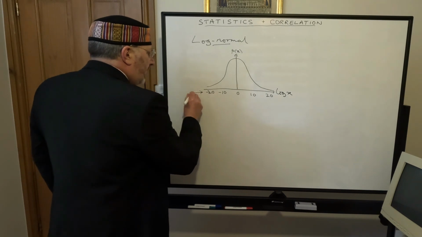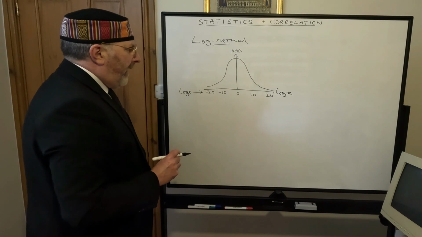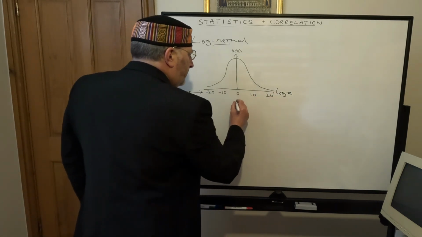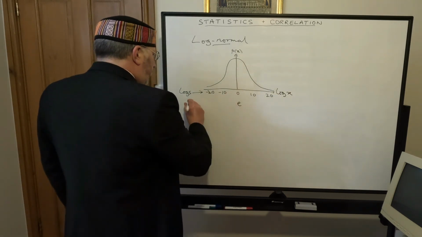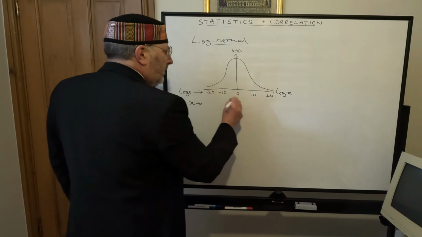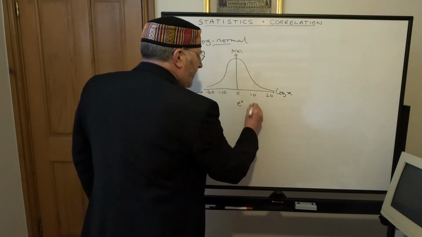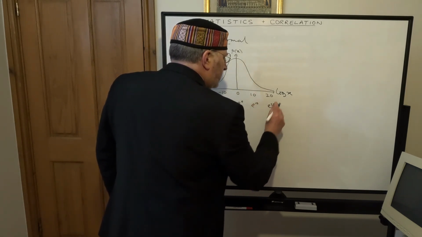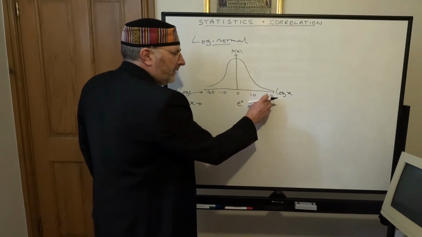So these values are logs, and the actual value then will be the inverse of the log. So x will be e to the 0, e to the power of 10, e to the power of 20. Because that's x, the logarithm of that is 20.